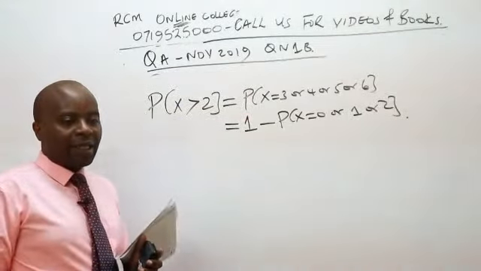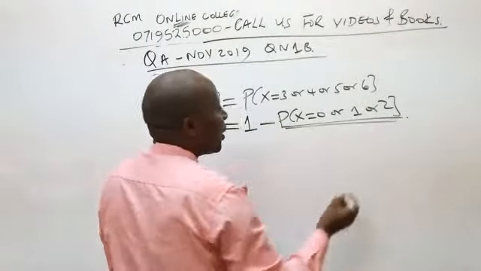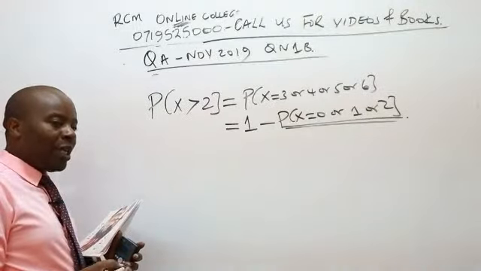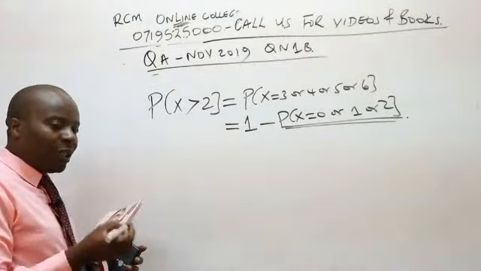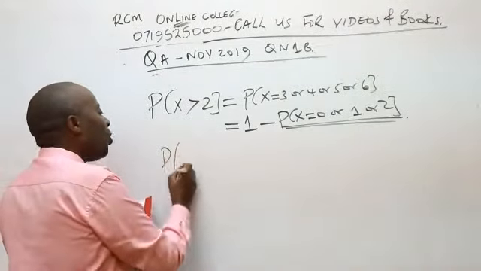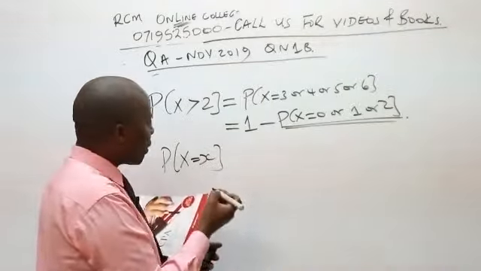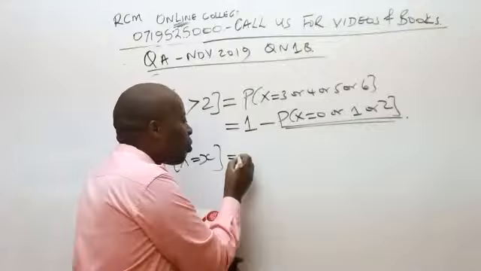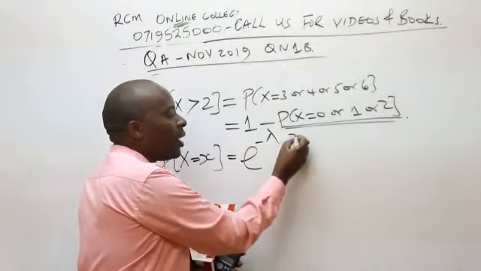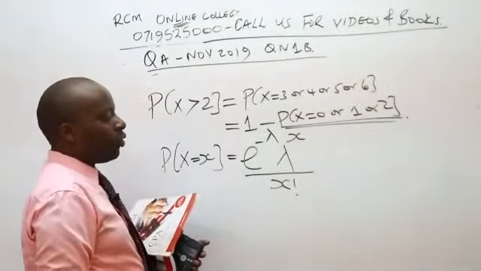Great, I like this. So this time around, they want us to evaluate these using a Poisson distribution. If it is Poisson distribution, I know how this distribution looks like. Probability of capital X being equal to small x will be equal to e raised to negative lambda, lambda raised to x, all over x factorial.